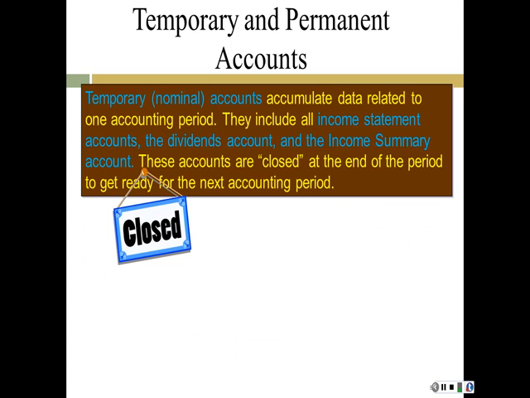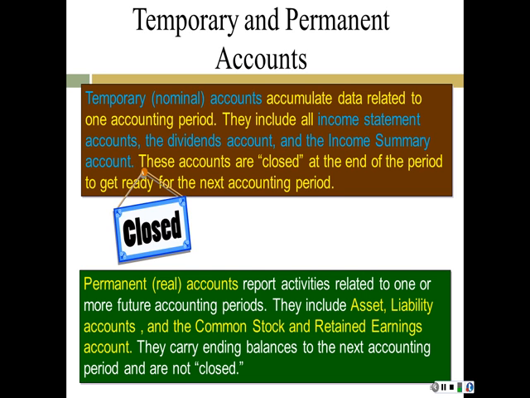These accounts should exist for just one accounting period, and at the end of it, they need to be cleared out, zeroed out, so that when the next accounting period begins, they will have balances related to just that period, with no data from the prior accounting period.